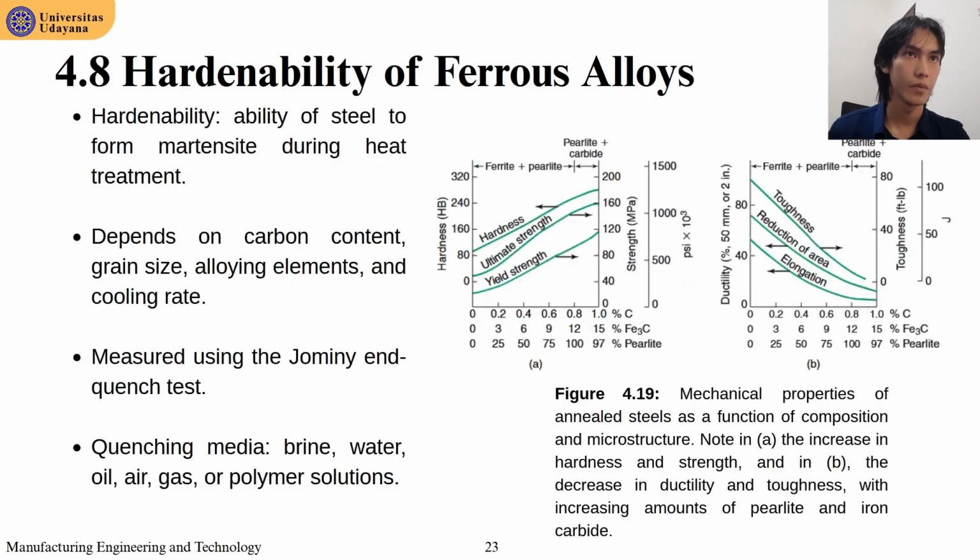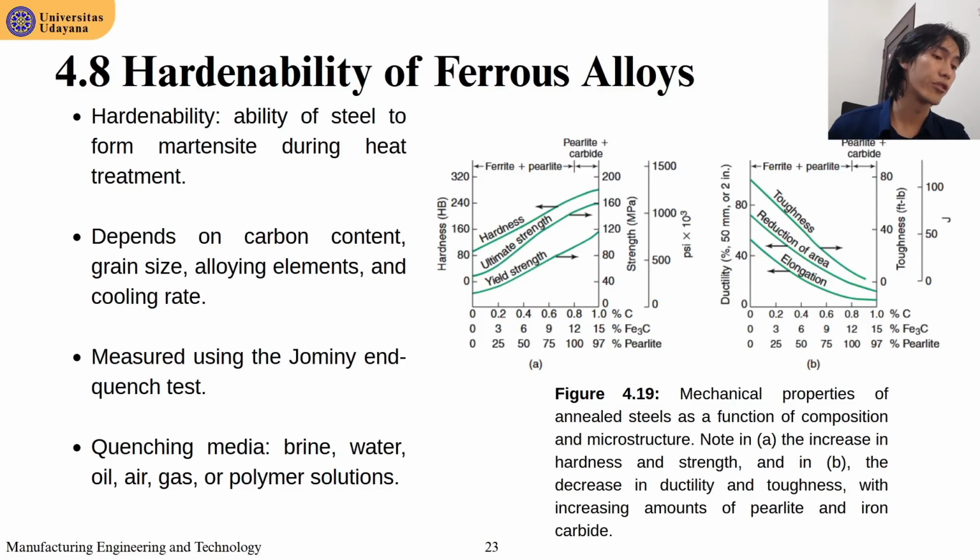Next, okay, hardenability of ferrous alloy. Hardenability is how readily steel forms martensite in heat treatment. It depends on carbon, grain size, alloying elements, and cooling rate, and is measured by the Jominy test.